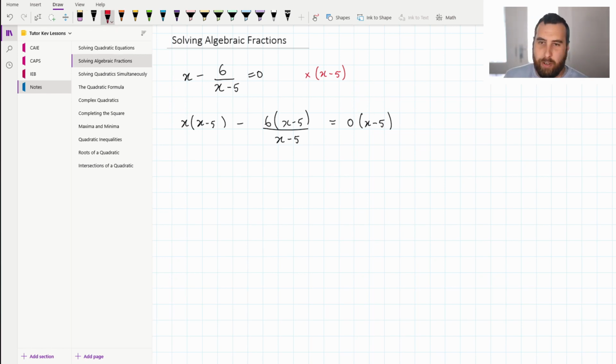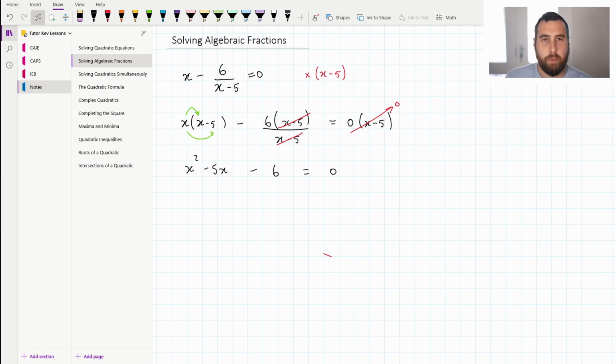So this term is going to become 0. And the beauty about multiplying by the denominators is it allows us to cancel out the denominator for this term, because anything divided by itself becomes 1, and so it disappears. When we expand this, we get x squared minus 5x. What I did here is I multiplied the x from the outside into both the terms in my bracket. And now all I need to do is finish off the equation.